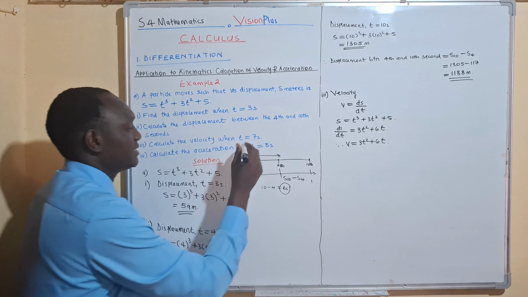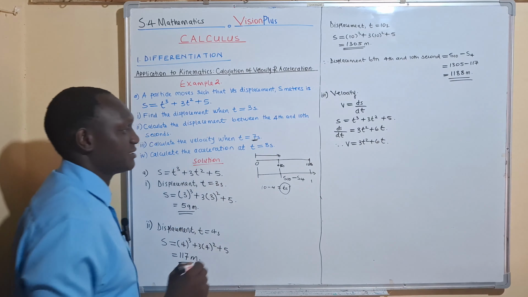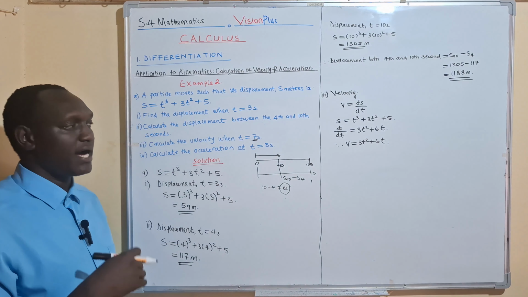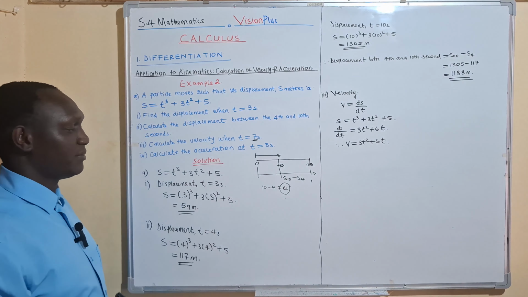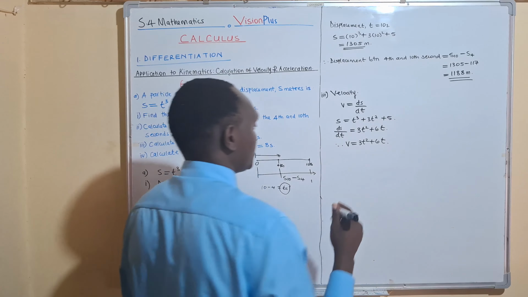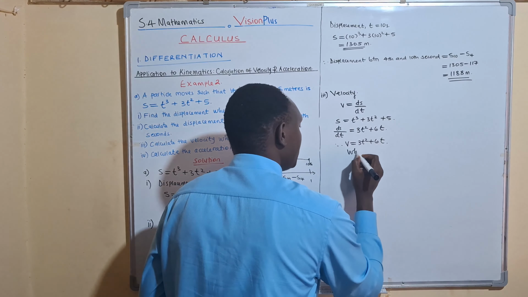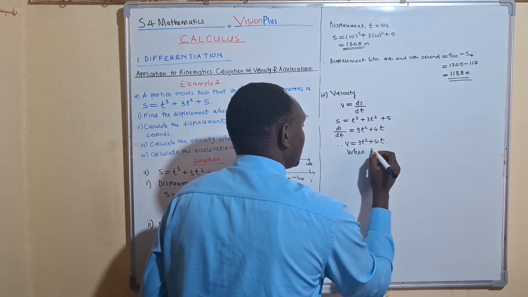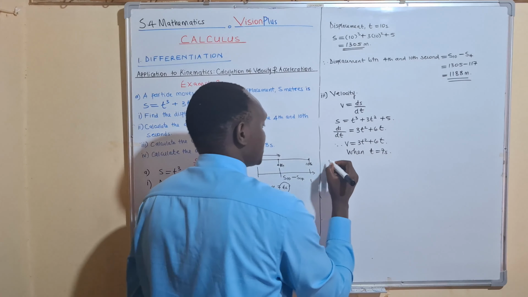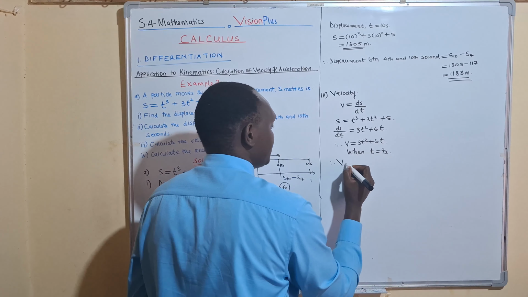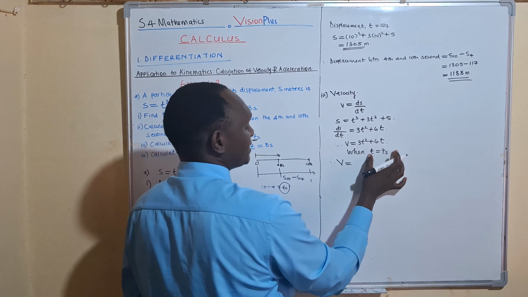But now the question says, when the time is 7 seconds, that is, when the particle has moved for 7 seconds from the beginning, what is the velocity? So we come and say when the time is now 7 seconds, what is the velocity? Now, the velocity at 7 seconds becomes, this is now the time.